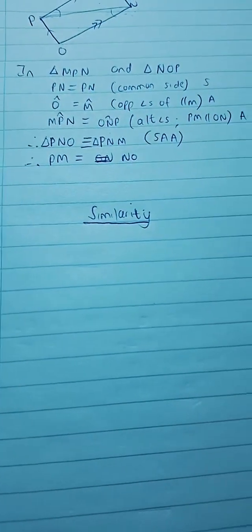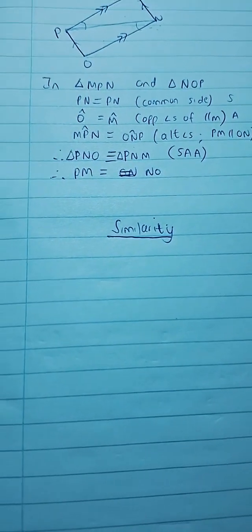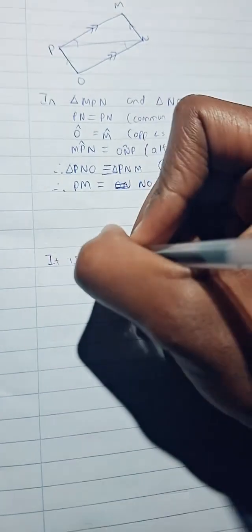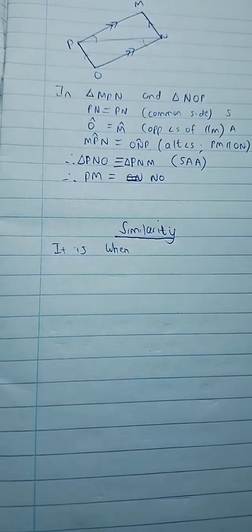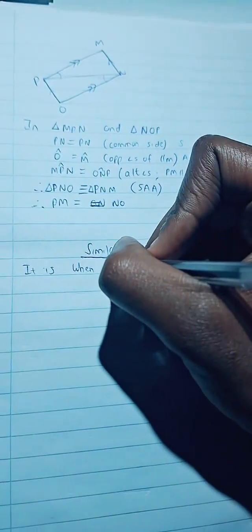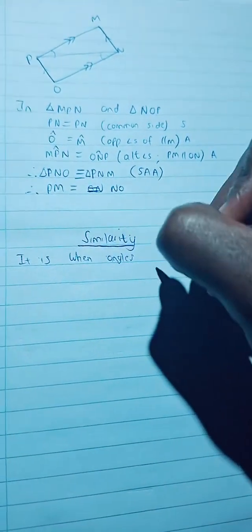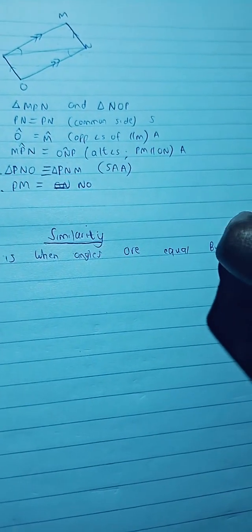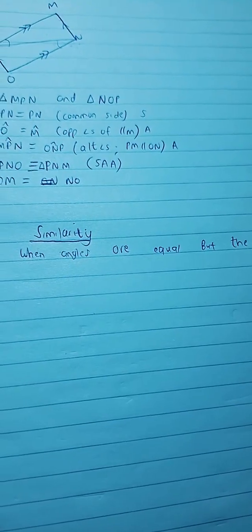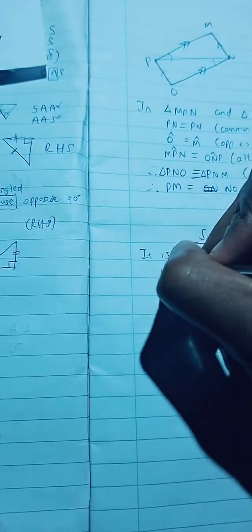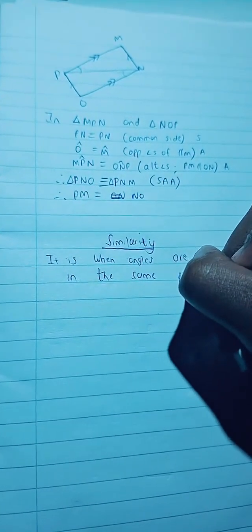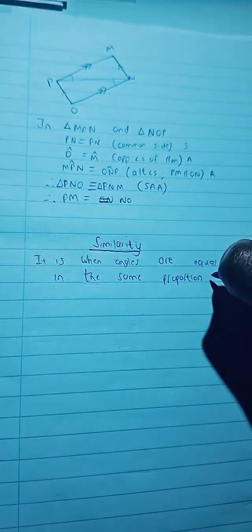Spoken in simple layman's terms, we say it is when angles are equal but the sides are in the same proportion or ratio.